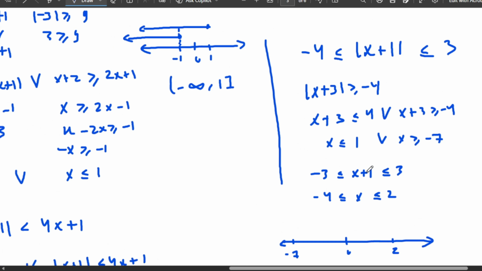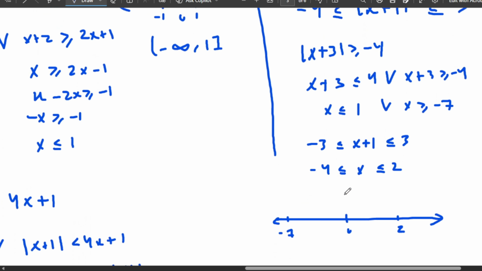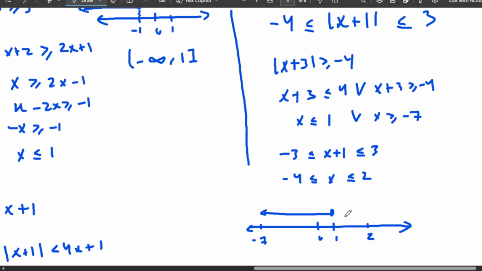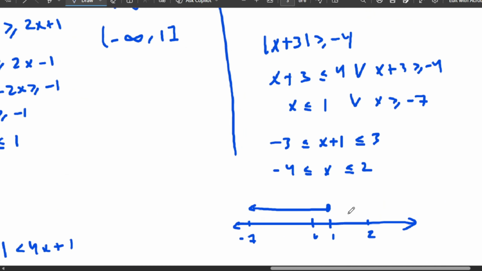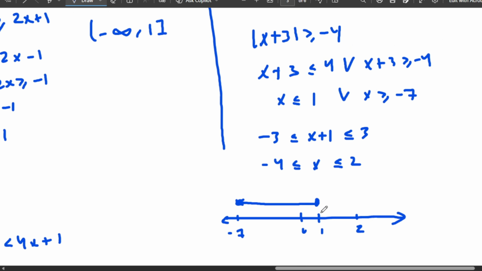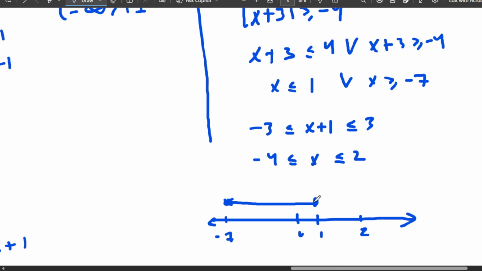So it says that x is less than or equal to 1, so we put it here, and x is greater than or equal to negative 7. Okay, so this is the solution for it. And negative 4 is less than or equal to x, and x is less than or equal to 2.